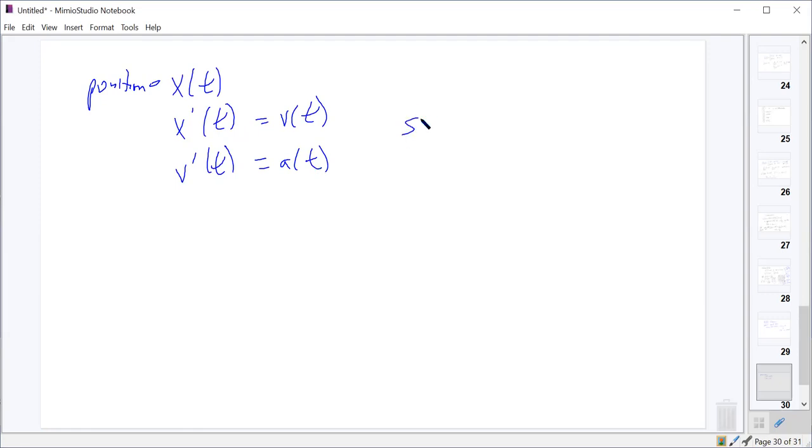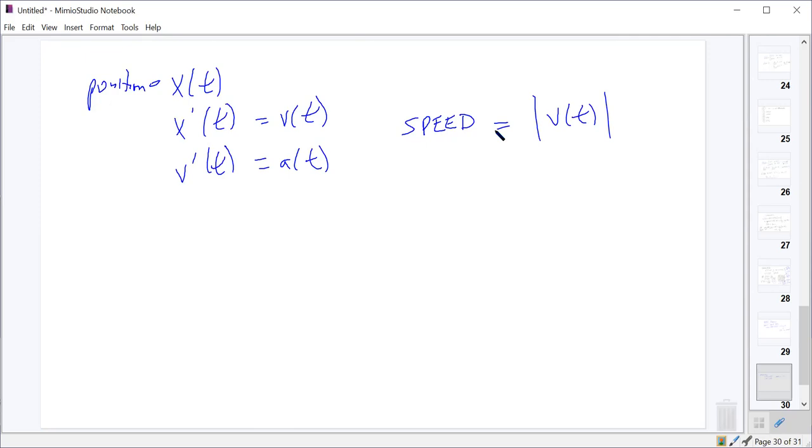Be extra careful in any motion problems that are just motion in a line, because you might see one of those rather than vector motion. Speed is the absolute value of velocity. Okay? Speed can never be negative.